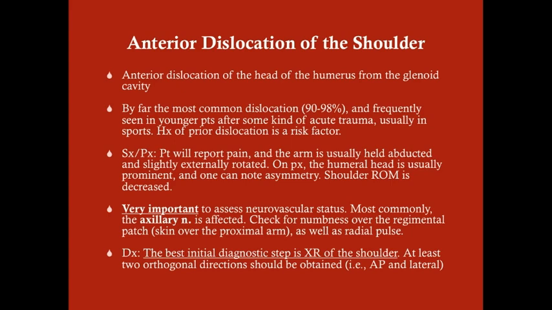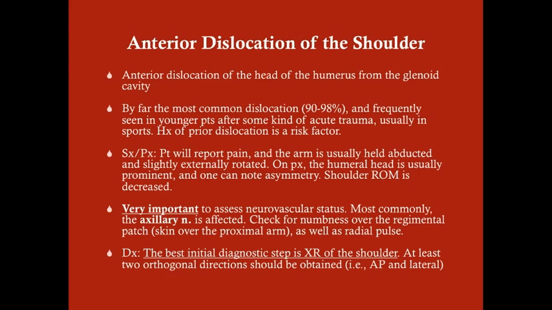Their ligaments are not as tight as in older patients. So younger patients who are playing sports where they can get themselves into acute trauma, think basketball players, football players, etc., that's the perfect storm for anterior dislocation. So, like I said, usually you see this in sports, but really anyone with acute trauma.